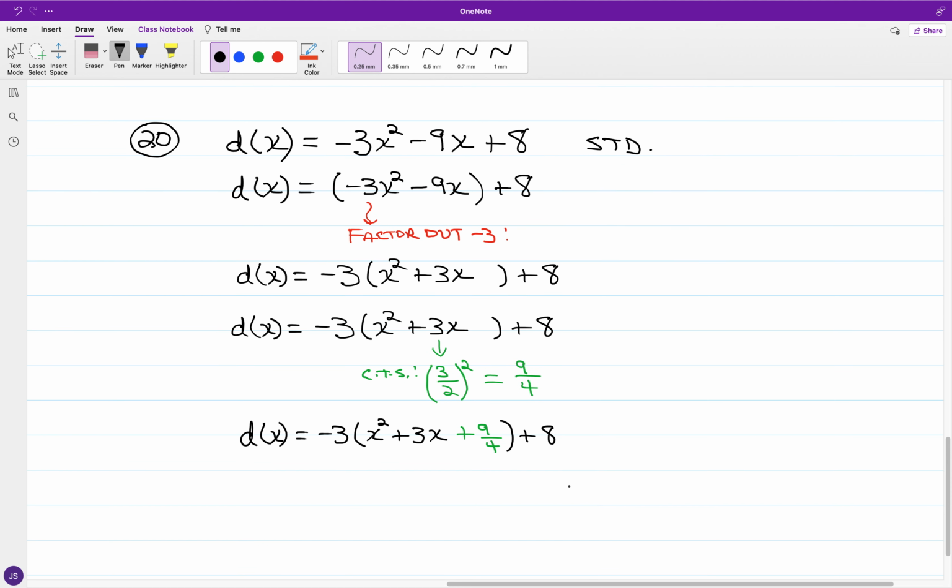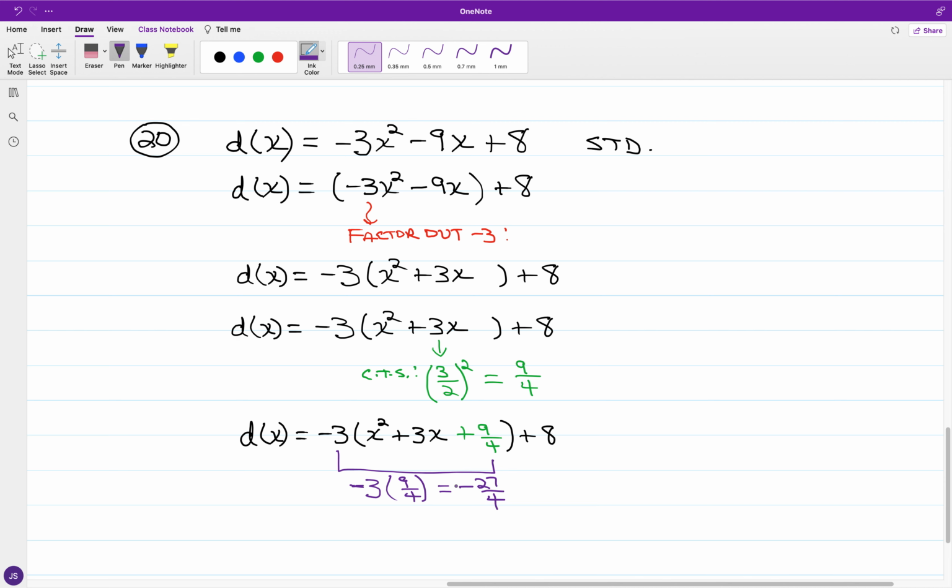Now I'm going to create another operation of balancing what we have at the front and the back on the right hand side of the equation. As I'm adding 9/4 inside the parentheses, in the overall picture I'm actually adding negative 3 times 9/4, which essentially is applying subtraction. So negative 3 times 9/4 will be negative 27/4.